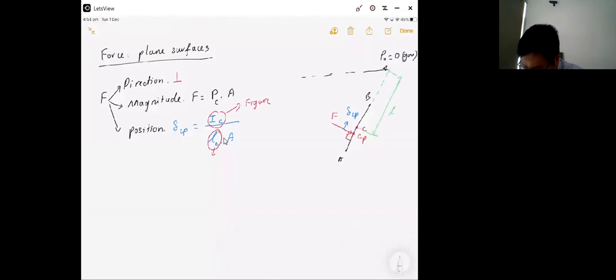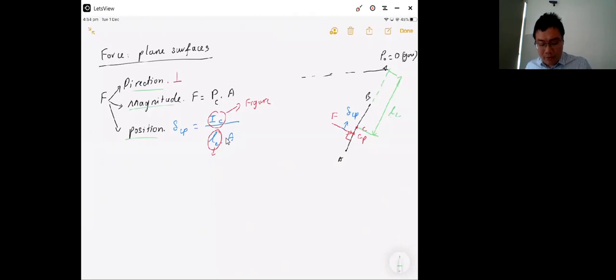This one is LC. So we have three things we have to find about force: the direction, magnitude, and position. Okay, three things.